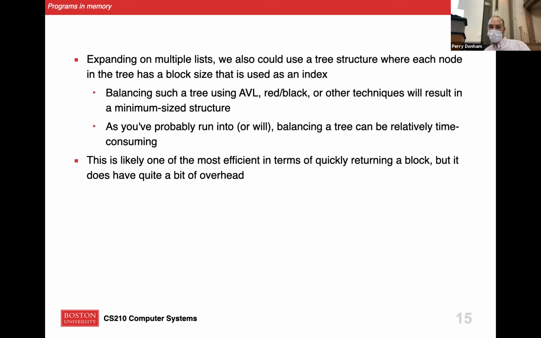Can I use a hash table with the size of the blocks as index? That'd be pretty cool too. The hash would probably return an index into an array, and then the array would have the head of a list of all one size block. There's tons of ways to do it.